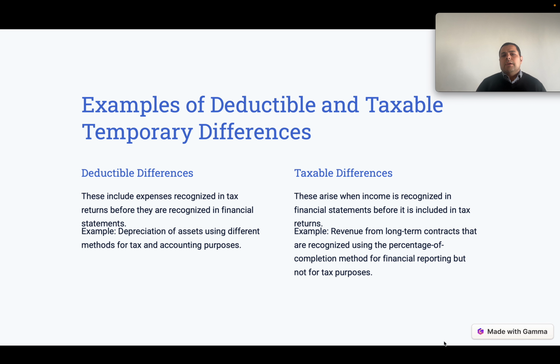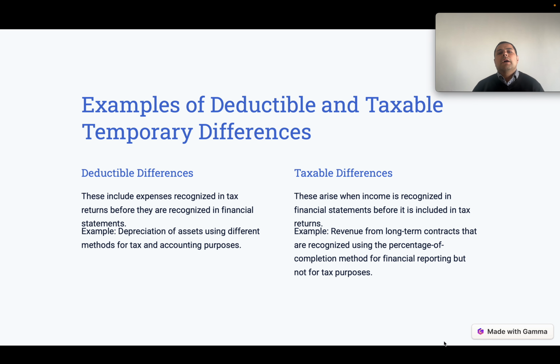We're now going to see examples of deductible and taxable temporary differences. It's very important for you to get familiar with these two items and understand what they mean. As we mentioned, those are differences between accounting books and taxable rules. These include expenses recognized in tax returns before they are recognized in financial statements.